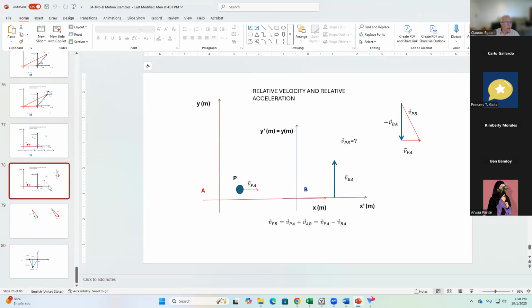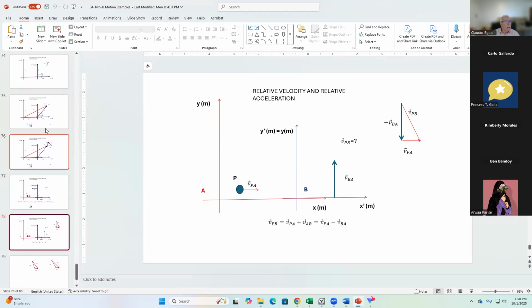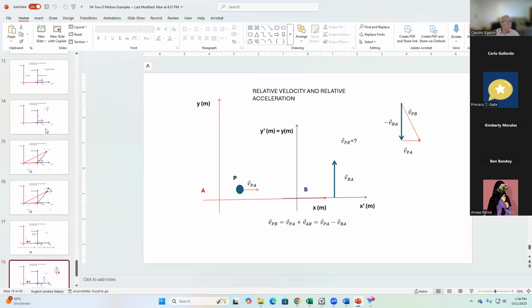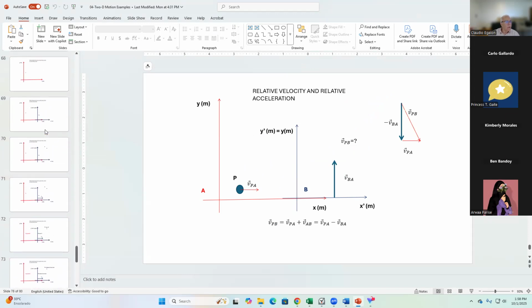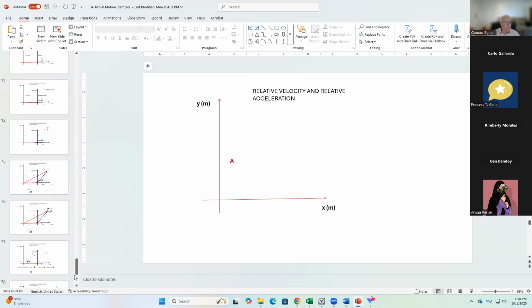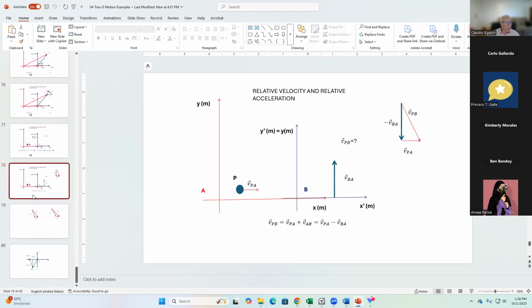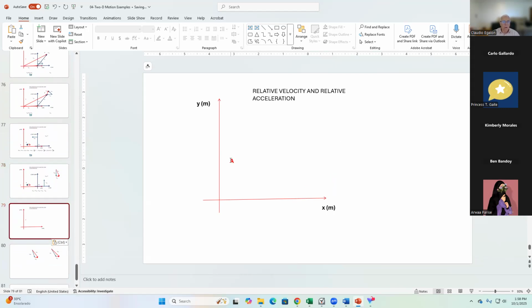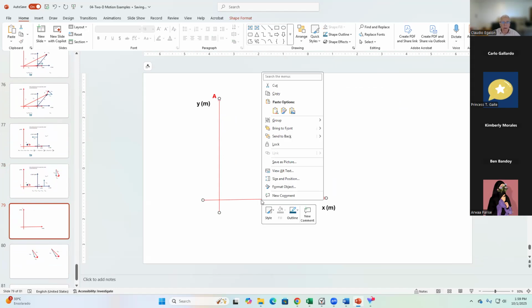I'll need the axes, right? Yeah, I'll need those two here. That's going to be the ground referential, the riverbank referential. I call that referential A. Let me make it a little bit thicker.